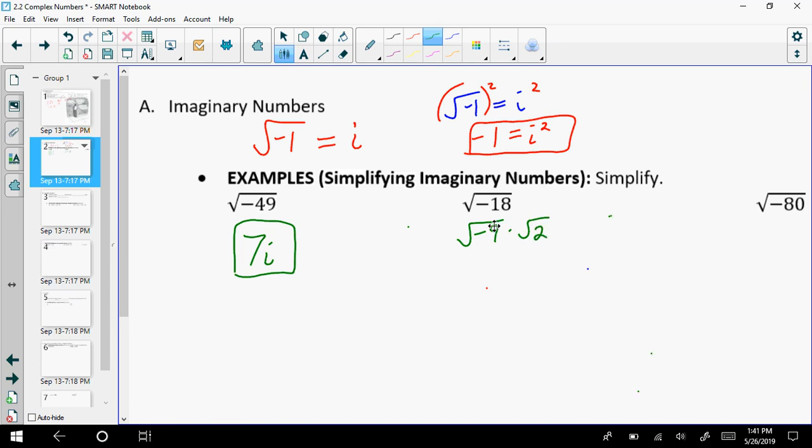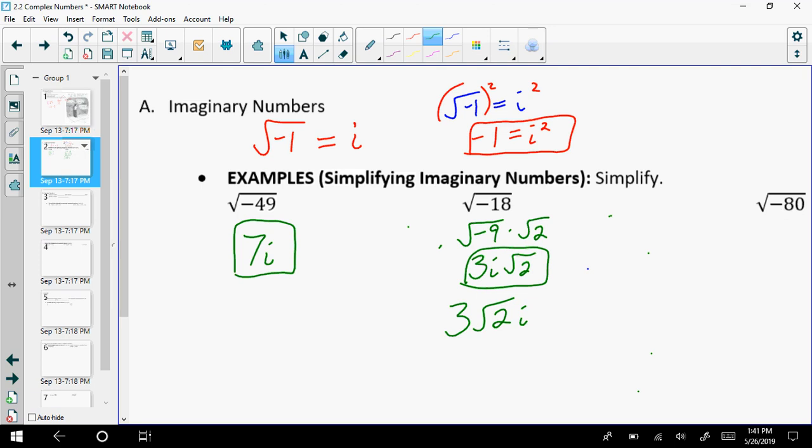So the square root of 9 is 3, but it's going to be 3i because of the negative, and then I still have the square root of 2. I don't care if you write your answer like that, or you can put the i at the end. Just make sure if you put the i at the end that it's not under the square root, just the 2 is.